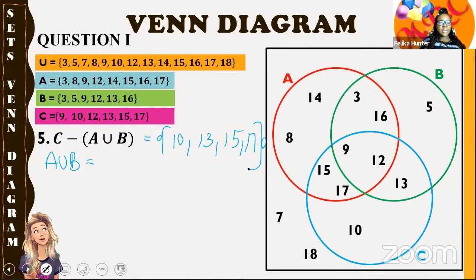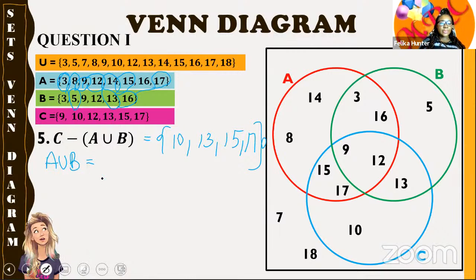So that is, A union B would be 3, 5, 8, 9, 12, 13, 14, 15, 16, and 17. And then we're going to look.